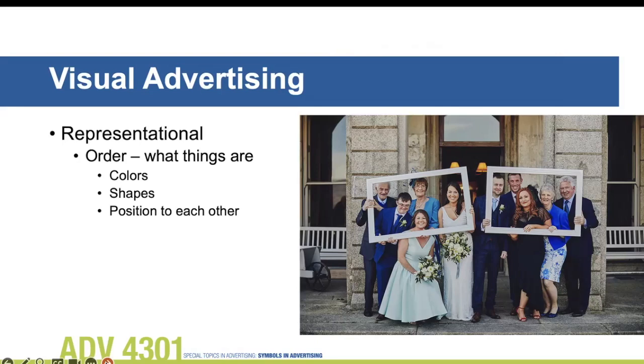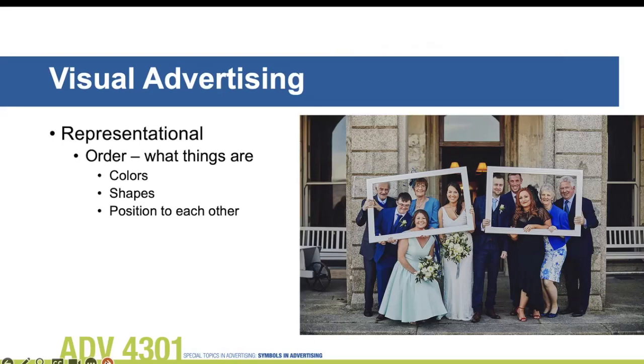The colors in this particular one, of course, we can pick out the white dress that shows who the actual bride is from everybody else, from all the other females in the group. But everyone is wearing some version of blue, to say that they are in the wedding party. So the position together, the bride and the groom are in the center.